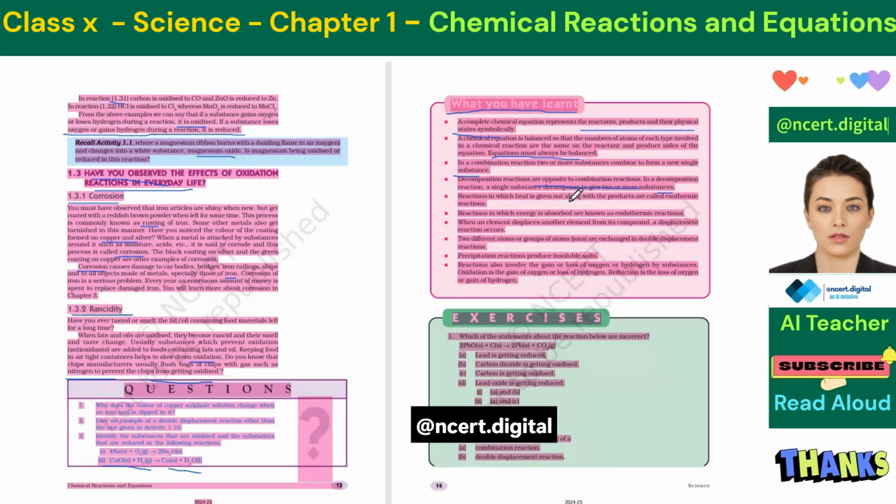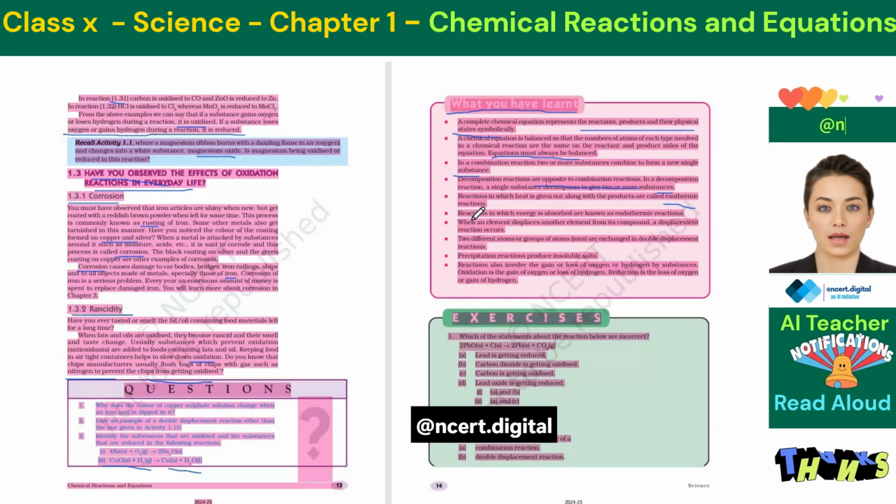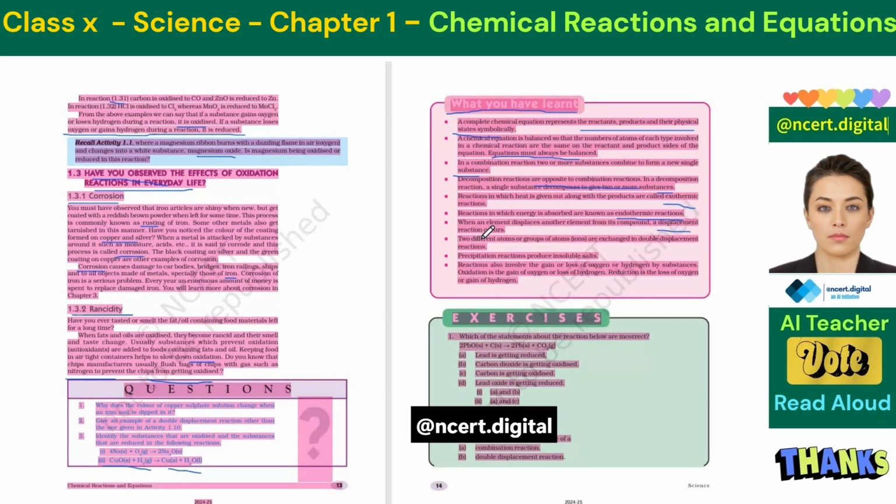Reactions in which heat is given out along with the products are called exothermic reactions. Reactions in which energy is absorbed are known as endothermic reactions. When an element displaces another element from its compound, a displacement reaction occurs. Two different atoms or groups of atoms, ions, are exchanged in double displacement reactions.